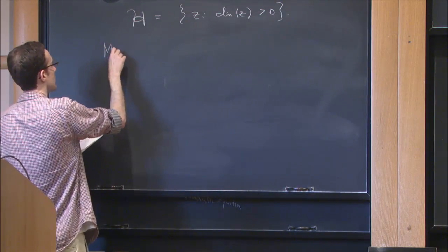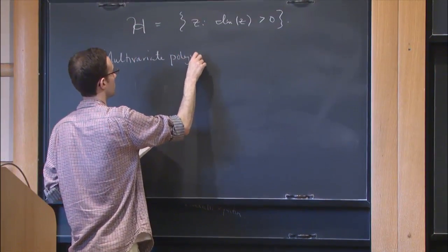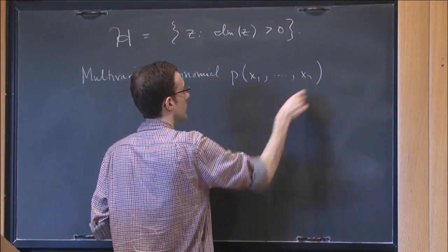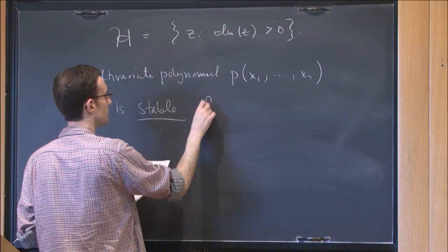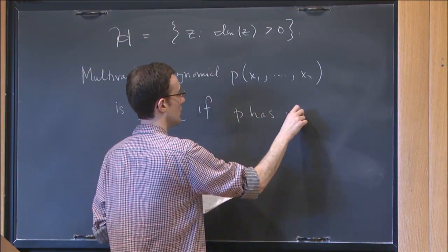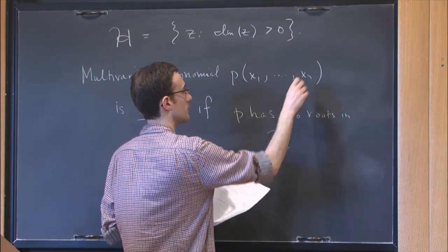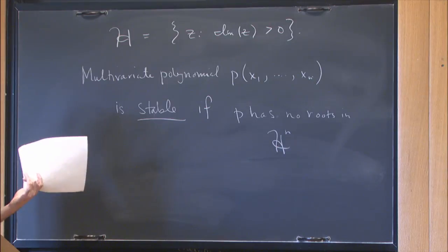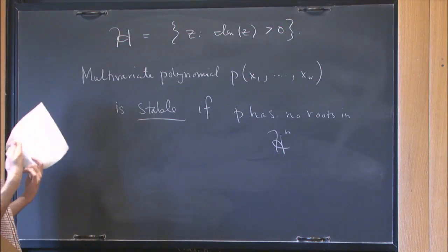And I will say a multivariate polynomial P of x1 through xn is stable if P has no roots in H to the n. So if you plug in a bunch of values that have positive imaginary part, your polynomial is not 0.